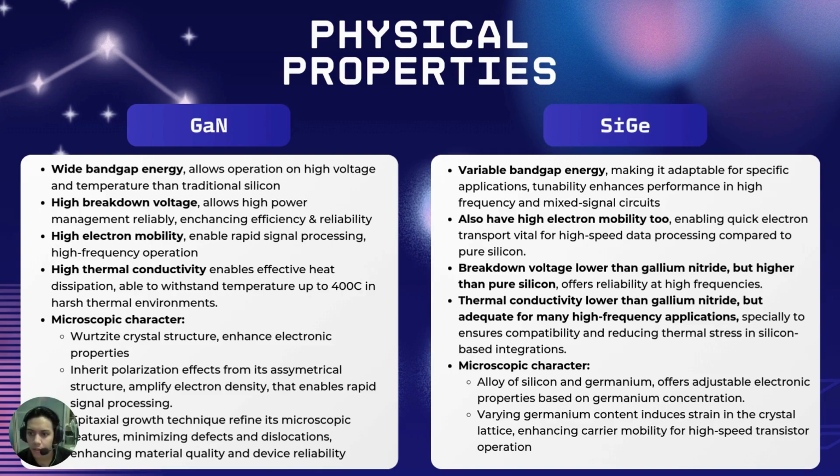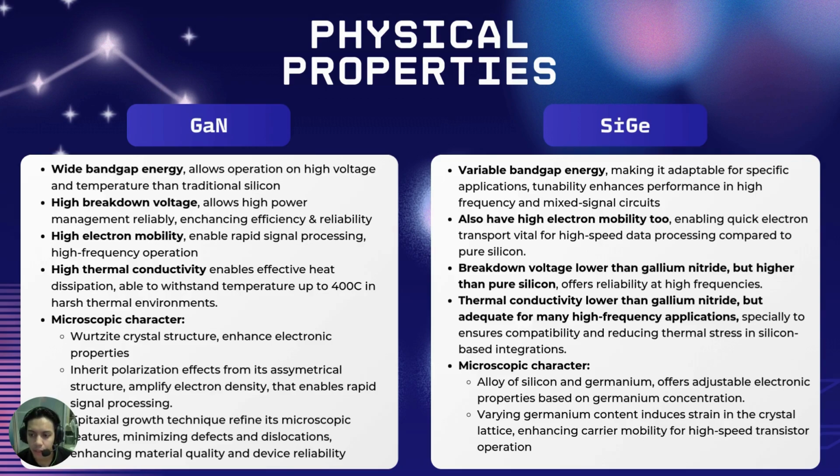So it also boasts high electron mobility of up to 2000 centimeter square per volt second, based on germanium concentration, enabling swift electron transport vital for high-speed data processing and communication in 5G networks.